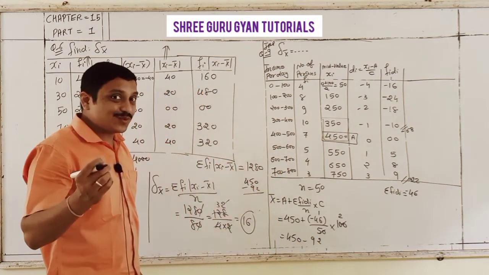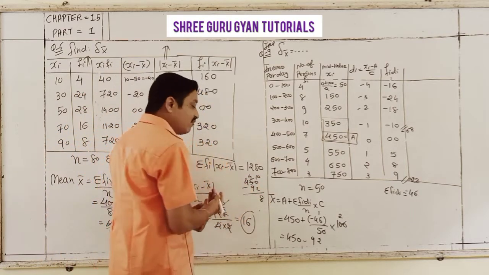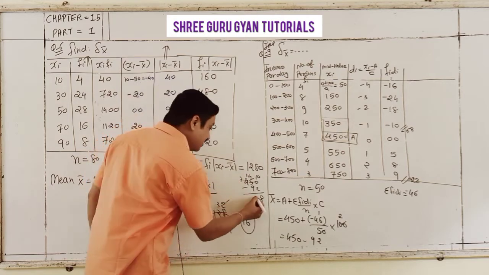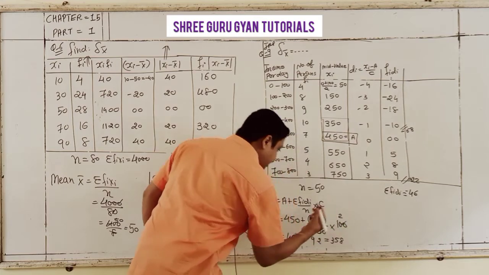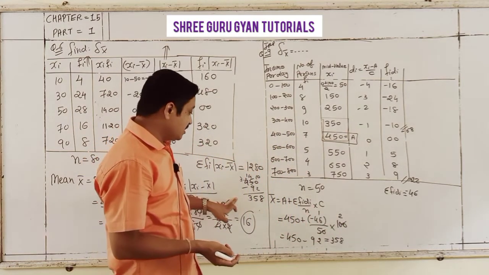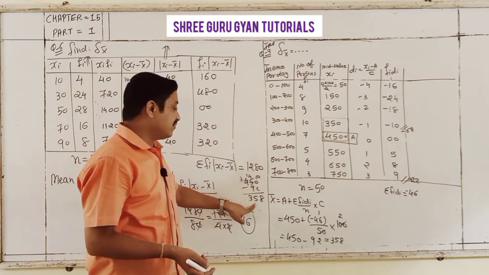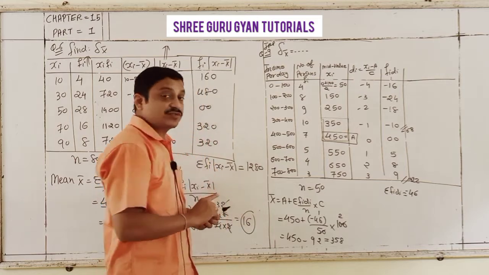You will get the mean: 358. Here your mean is ready, 358.